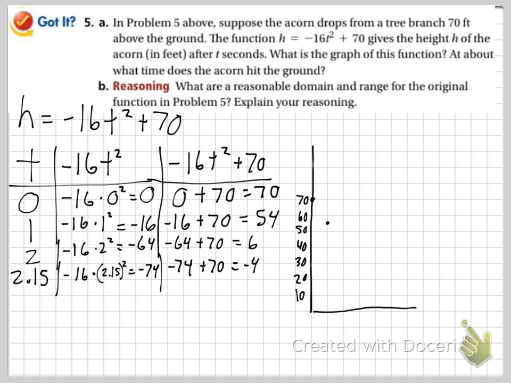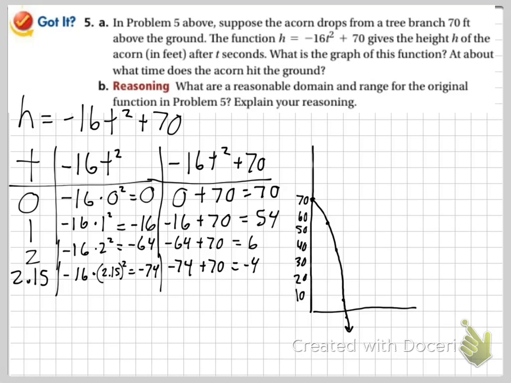At 2, we're at 6. So that's about there. And then at 2.15, we're at negative 4. So about there. If I connect that in my parabola, assuming I can do that.